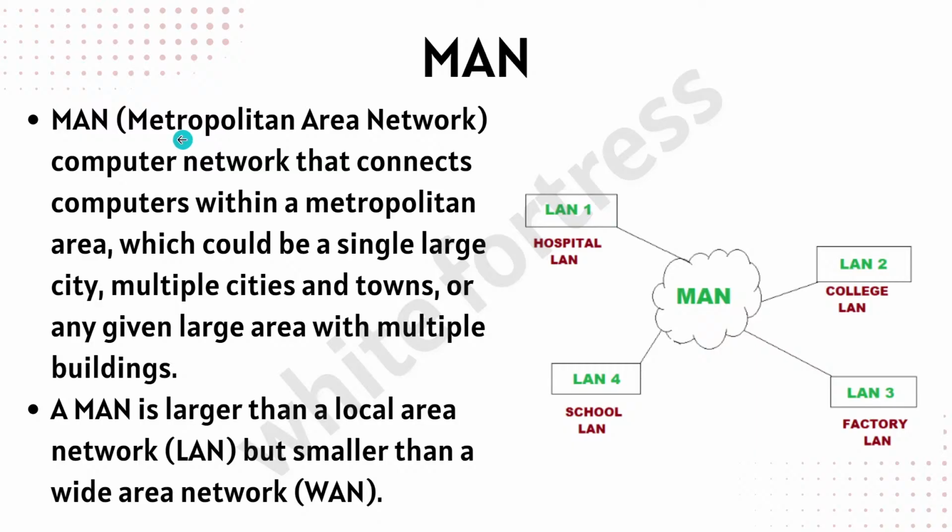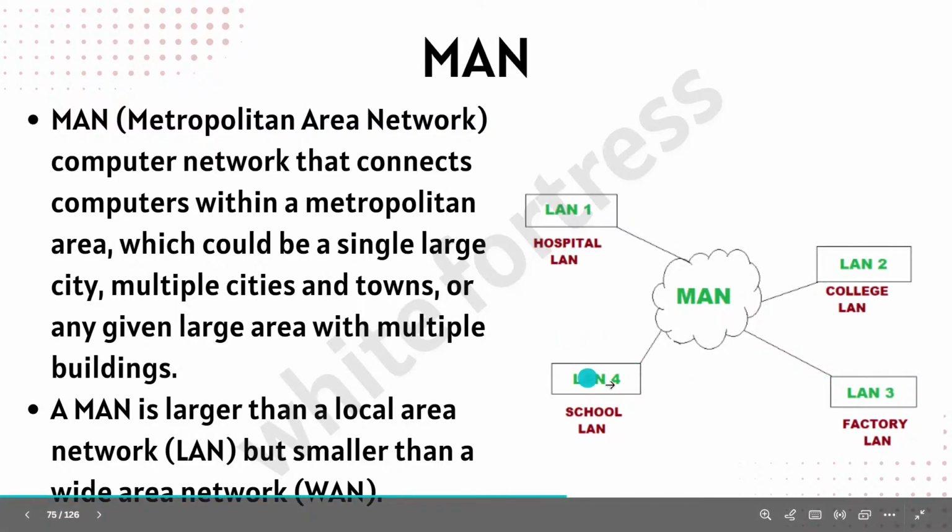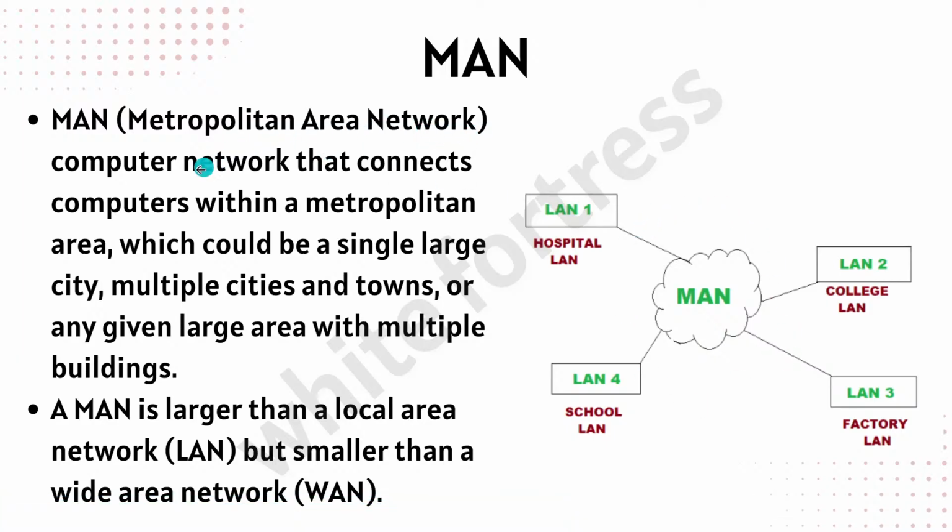So MAN, metropolitan area network. Multiple LANs like hospital LAN, college LAN, factory LAN, school LANs, all connected together form a MAN. That is your metropolitan area network. It is a computer network that connects computers within a metropolitan area, which could be a single large city, multiple cities and towns, or any given area with multiple buildings.